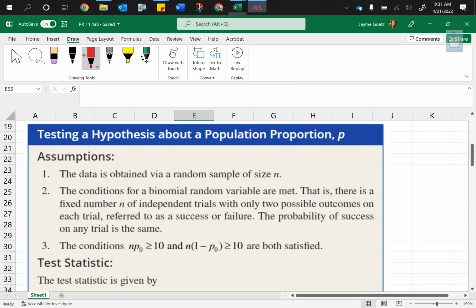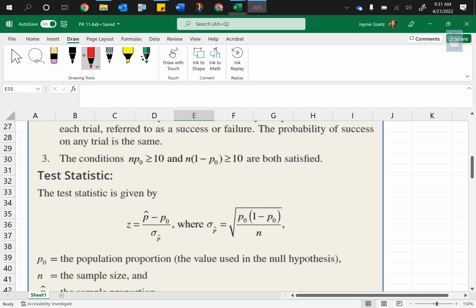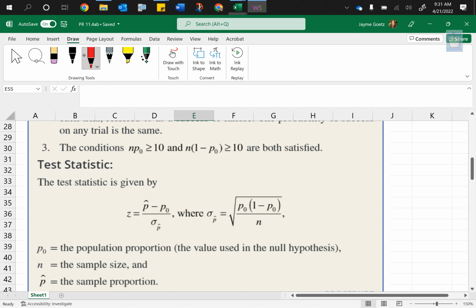So, testing a hypothesis about a population proportion, all right? First of all, the data is obtained via a random sample of size n, just like normal. The conditions for a binomial random variable are met, just like normal. There's a fixed number of independent trials with only 2 possible outcomes on each trial. Now, here's where there is a main difference.